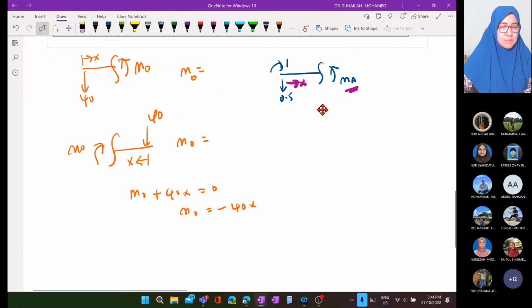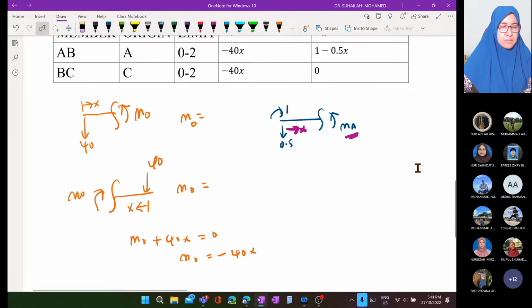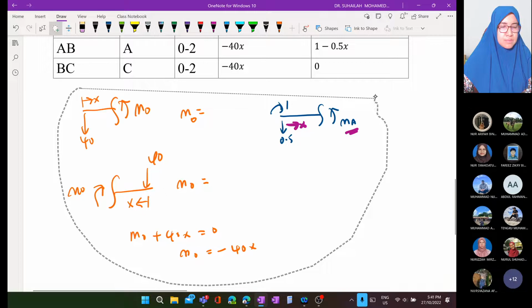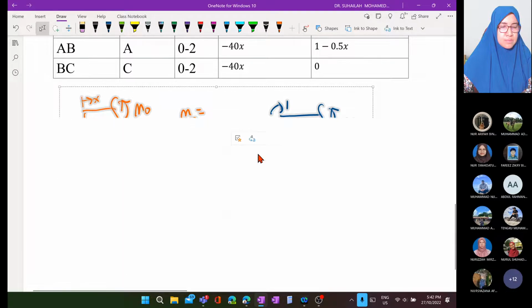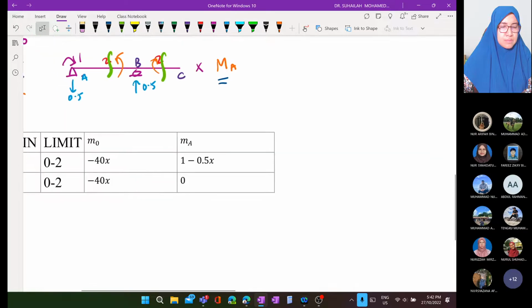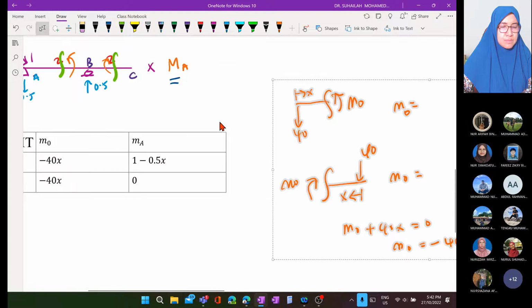Okay. So this is the table. We put all the moment equations in one table. I will move this to the side, so later you can refer back to all of this. Okay, I put it at the side, if you want to refer.